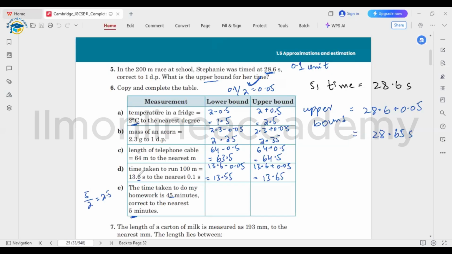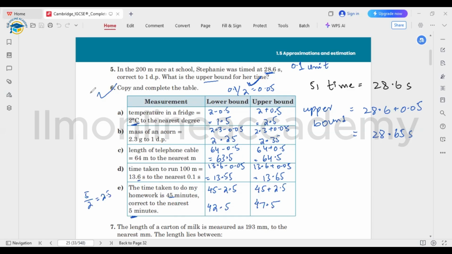It means that we need to add and subtract 2.5 in this. For finding the lower bound from 45, we need to subtract 2.5, and that will be 42.5. And for finding the upper bound, you need to add 2.5 and it will be 47.5. So these are the lower and upper bounds, and this table gives you a clear idea of how we can use the units to find the lower and upper bounds using this strategy.